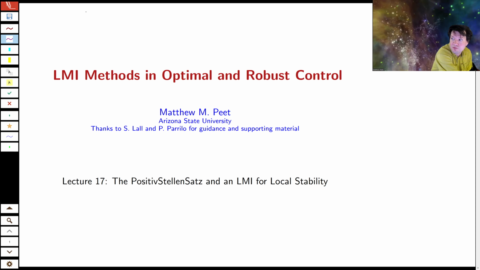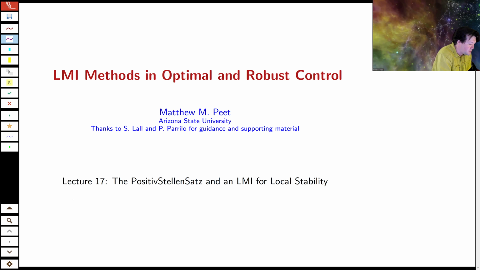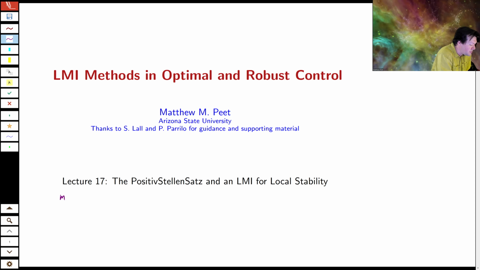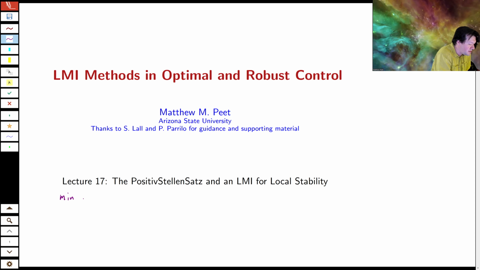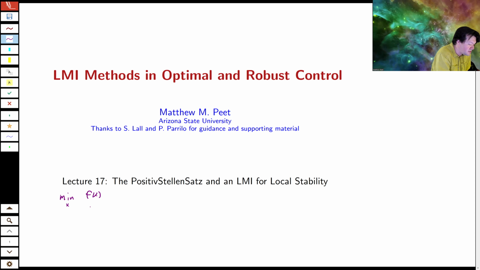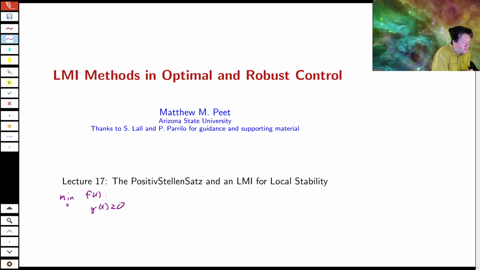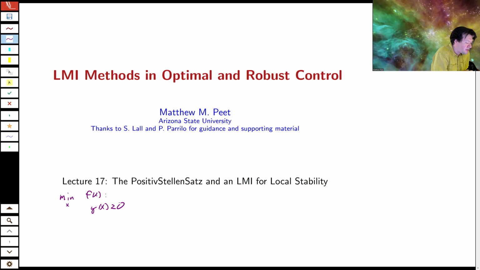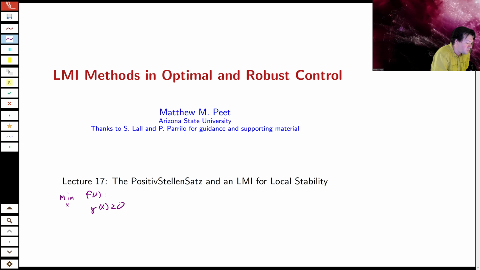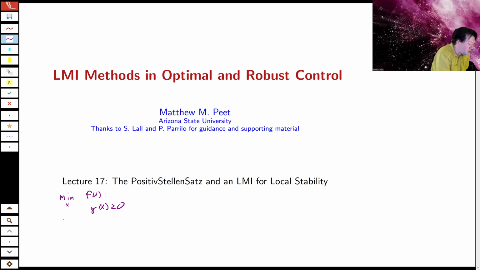So let's see if I can write this up here. So we had, if you remember, min of f of x over x, such that, let's say, g of x is greater than or equal to 0. And we talked about how this functional representation could be alternatively written in the geometric form, although we gave two options there, right?